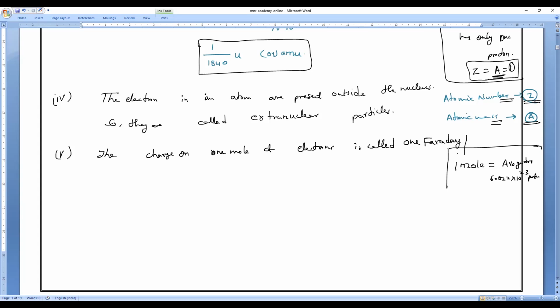In 12th class you will get it in the magnetism and electricity chapters, where you will get Faraday's laws. Of course, the transportation of electricity is based upon Faraday's principles. So if I take 1 mole of electrons, the total charge present on it is what we call 1 Faraday. Very, very important point. So please remember that. All of you clear, everybody?